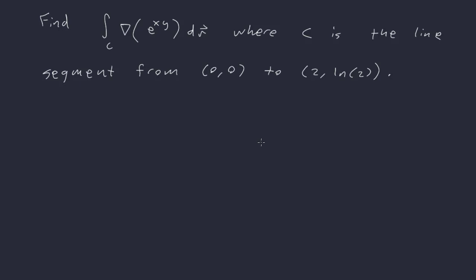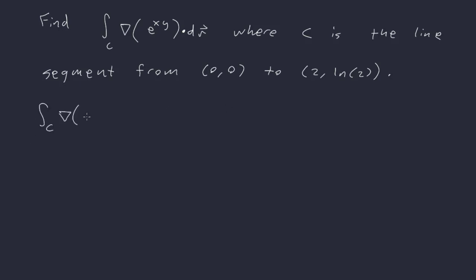All right, so while that one may have been just as much work either way, this one, on the other hand, if you ever see something like this, be on the lookout for this, where we want to find the line integral of the gradient of e to the xy dot dr, where C is the line segment from 0, 0 to 2, comma, natural log of 2.